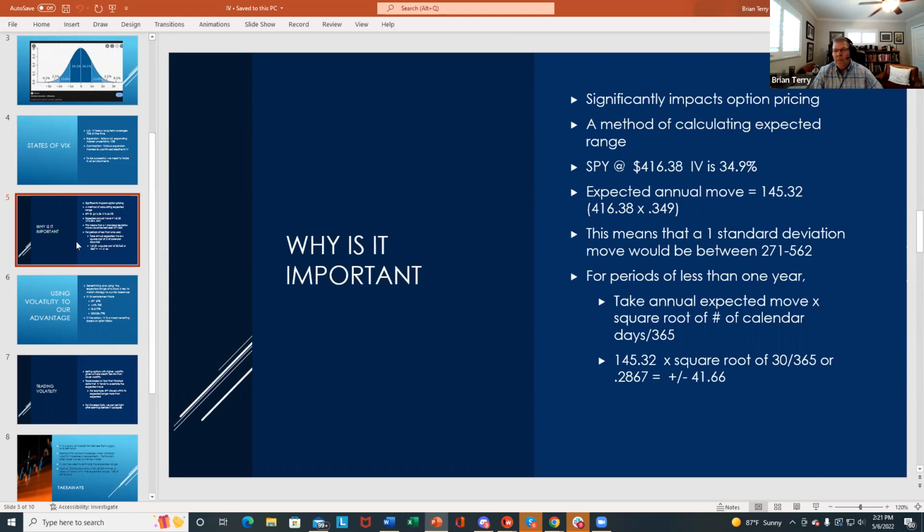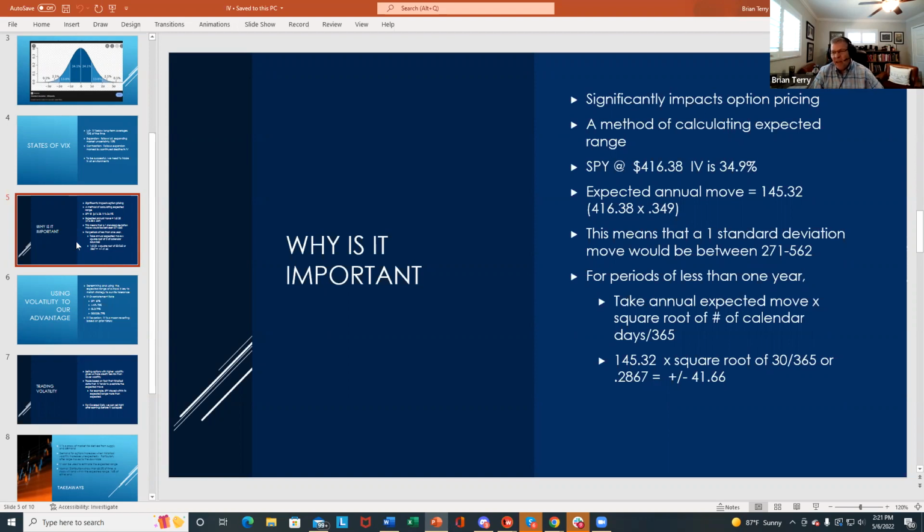So the SPY at the time was at 416. I wish it was at 416 again. And the IV was 34.9. So to calculate the expected move on an annual basis, you would just take the 416 times 0.349.